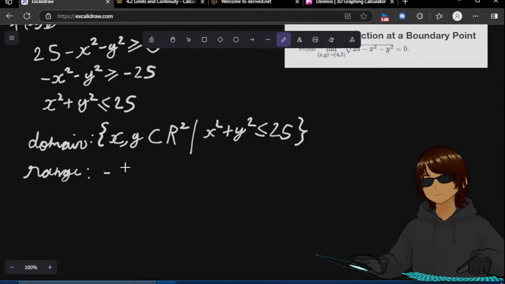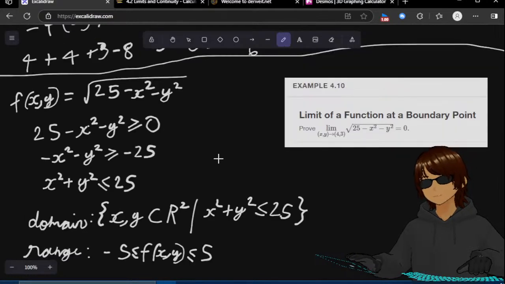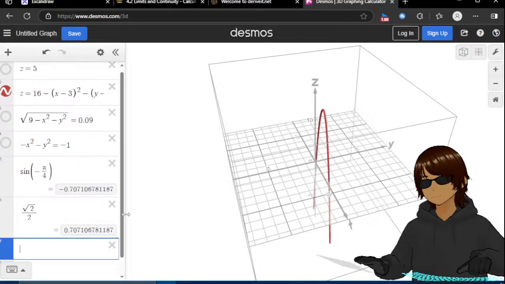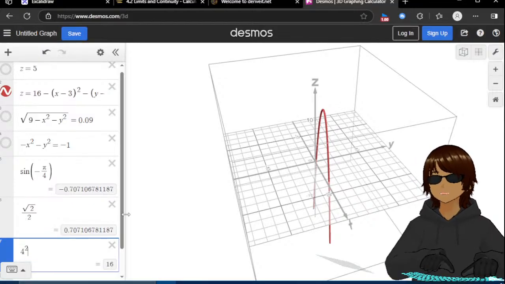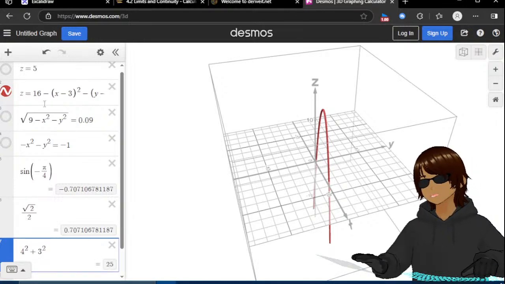So I guess this is the range. So the limit at 4, 3. So 4 squared plus 3 squared is 25.